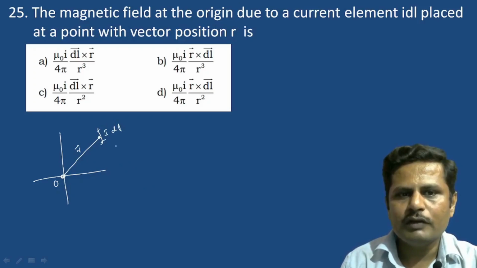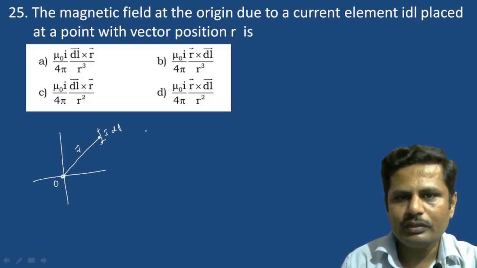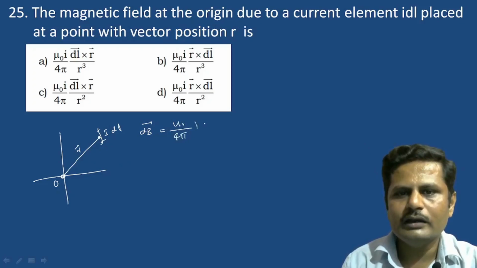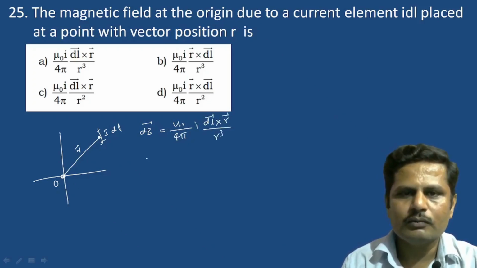So we know from Biot-Savart's law, that is dB, the magnetic field. So directly I am writing the vector form of Biot-Savart's law: dB vector equals mu naught divided by 4 pi, I dl cross R vector, divided by R cubed.